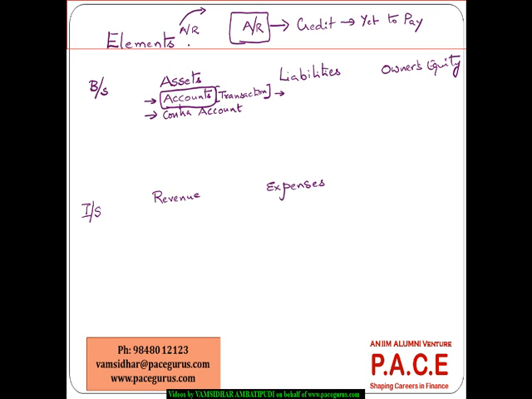But if I'm sensing at a later point that this amount will not be received, this amount will be a bad debt, then what I simply do is I adjust this accounts receivables account by the amount of bad debt, by the amount which I feel I may not be able to receive because of the default of the customer.